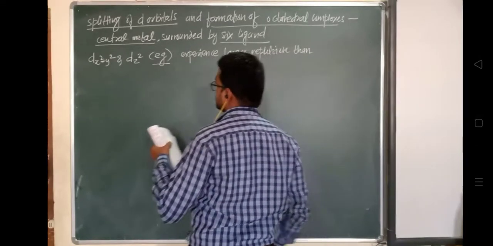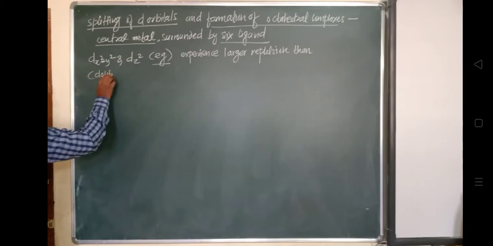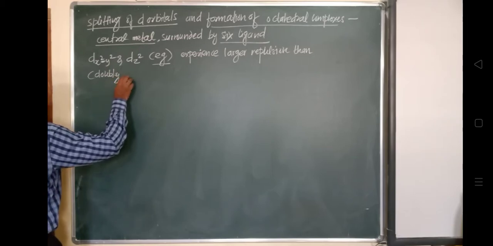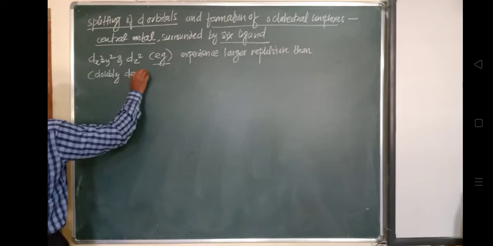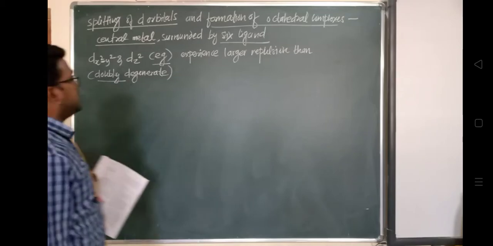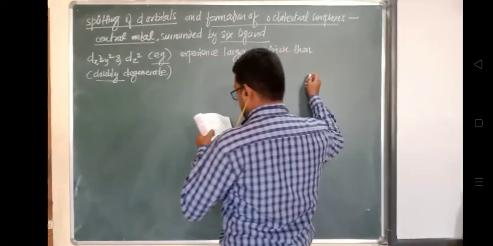This is called doubly degenerate, because there are two orbitals here. That's why it is a doubly degenerate orbital set, which will experience a larger repulsion than these other orbitals.